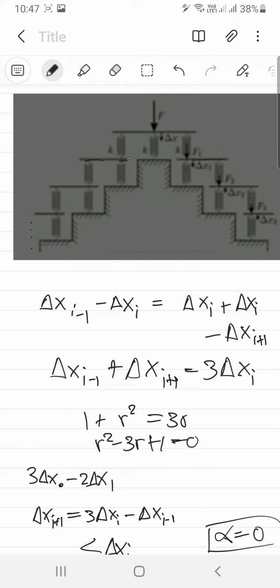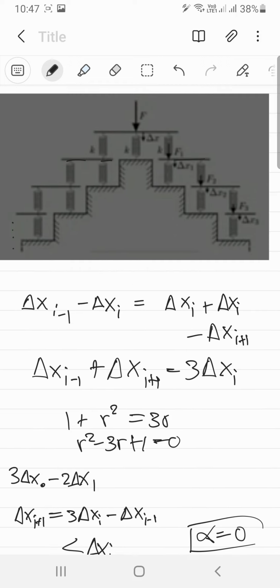Okay, but for this platform, you will say that delta x_0 plus delta x_2 is equal to 3 times delta x_1. Fine. Yeah, so it works for that. But what about this platform, huh?